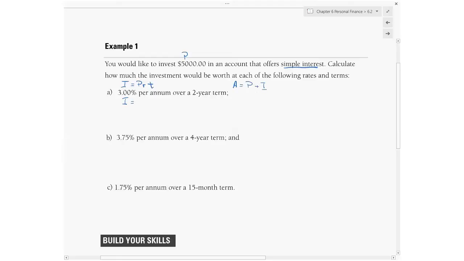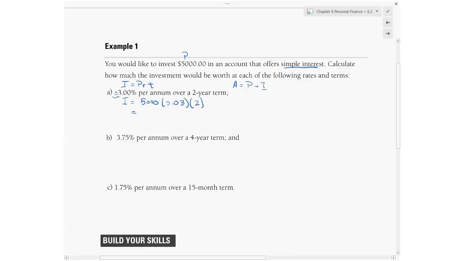Okay, so first we're charging 3%. The principal is $5,000. The rate is 3%, so we have to move that decimal place over 2. So it's 0.03, and the term is 2 years.